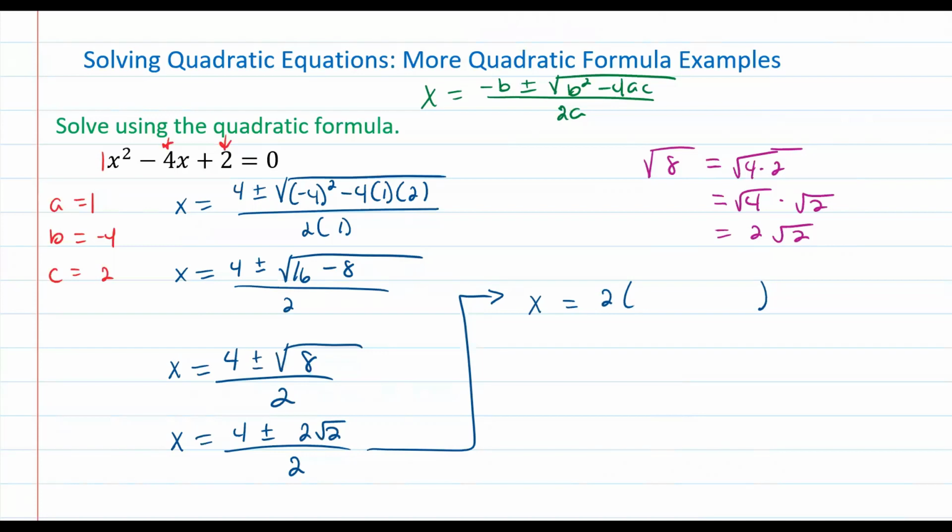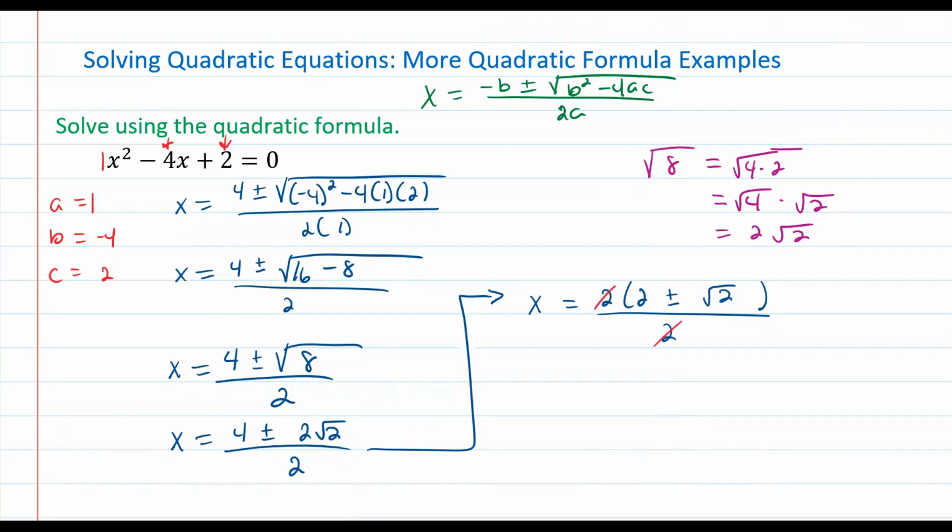Now when you factor that out, you're really dividing both the terms by the 2. So 4 divided by 2 is 2. And when you take 2 times the square root of 2, divide by 2, you just are left with the square root of 2. If you want to check yourself, you can always redistribute this 2 back into the 2 plus or minus the square root of 2, and you should go back to what we had just a step ago. And then we have a denominator of 2.